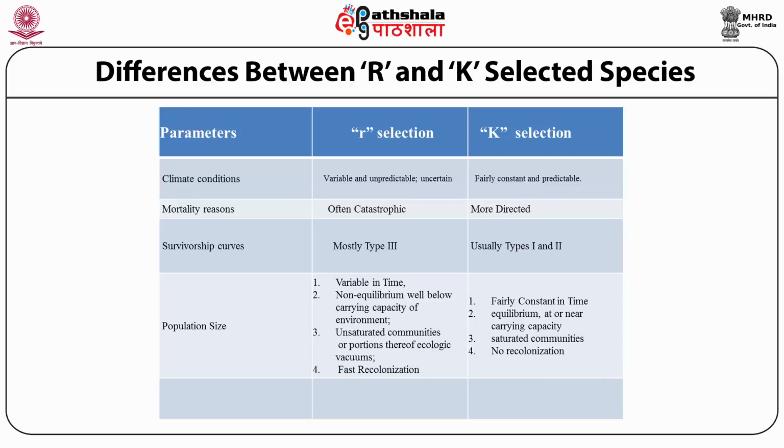In the case of the R-selected population, the population is very large and it colonizes a new uninhabited area at a very rapid rate. Whereas in the case of the K-selected populations, recolonization of a new area is always very slow. And finally, it depends upon the carrying capacity when it comes to the equilibrium.